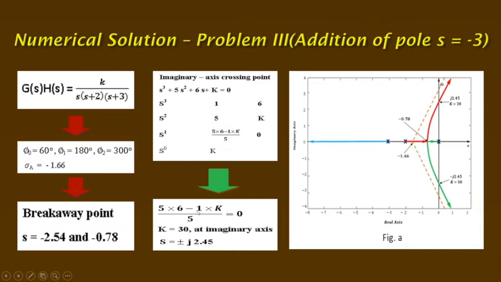And again the auxiliary equation, that means 5s square plus k equal to 0, and put k equal to 30, then the value of s equal to plus minus j 2.45. At that point, k equal to 30 and s equal to plus j 2.45, another is minus j 2.45.